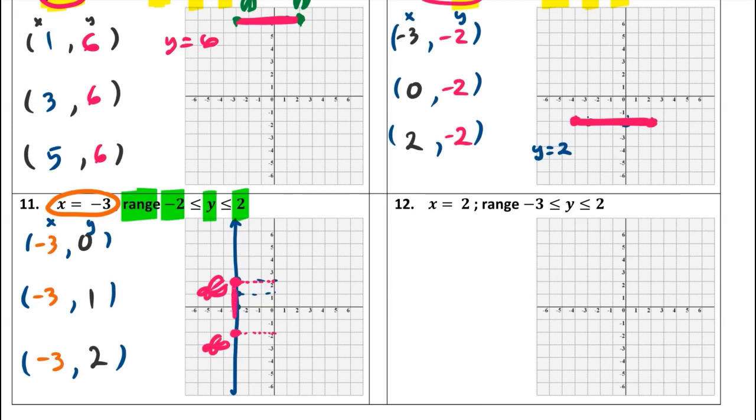We keep the one in the middle, and we erase everything else on the side. That's gone. This is gone. That's it. That's the answer for number 11. Go try your problem 12.